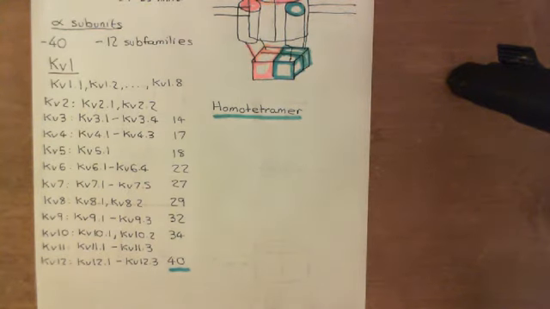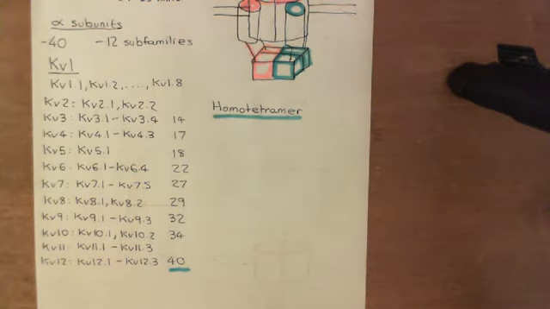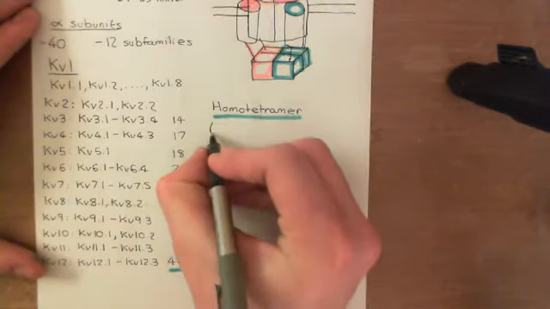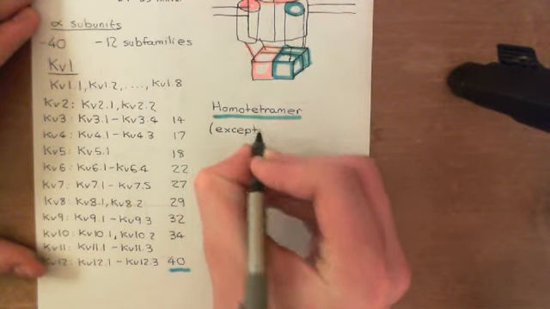Most of these alpha subunits that I have just listed can actually form homotetramers, and those will be functional voltage-gated potassium channels. So what I'm going to write out is the exceptions, which ones cannot form homotetramers.